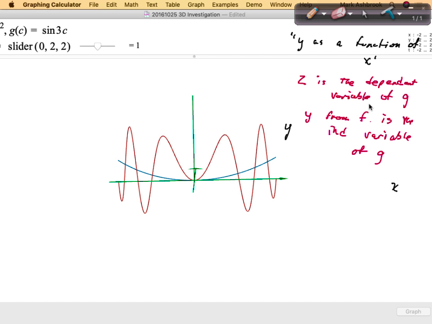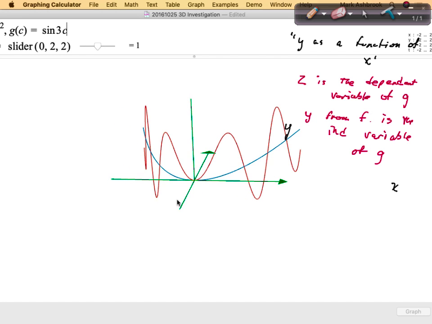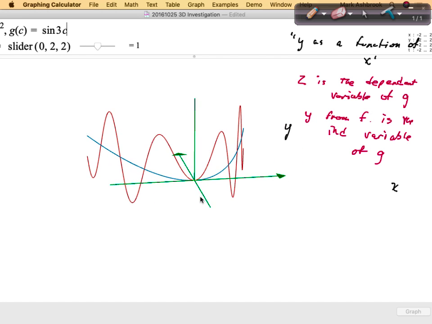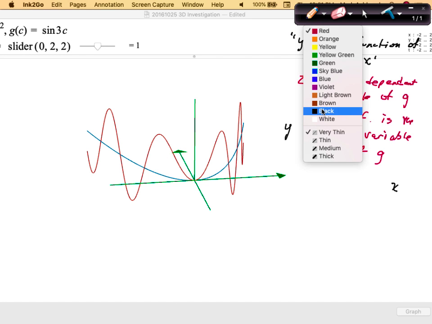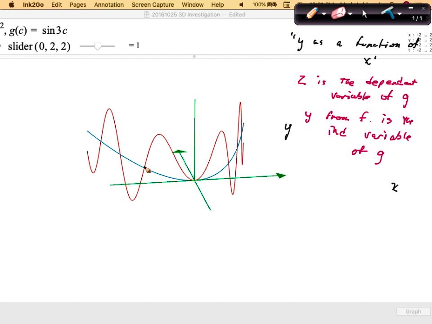All right, so I want to highlight this point right here. There's a point at the intersection of the blue and red graphs.